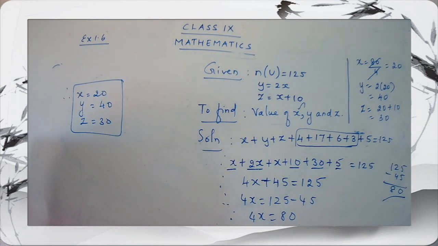How many children? 22. How many students play carom? 21. How many students play table tennis? 15. How many children play chess and table tennis? 10. How many students play carom and table tennis? It's 8. And 6 play all the 3 games. So the number of students who play all the 3 games is 6.